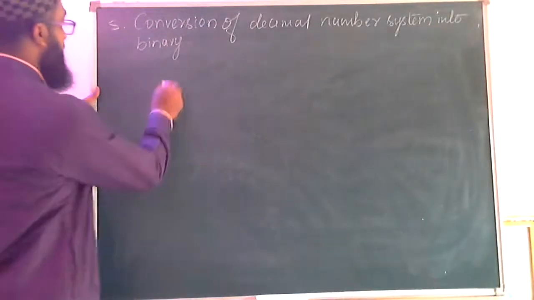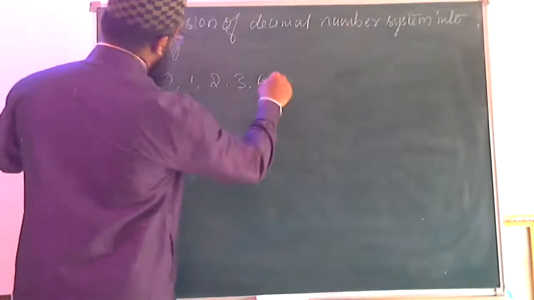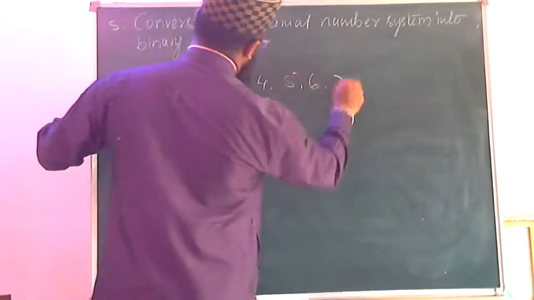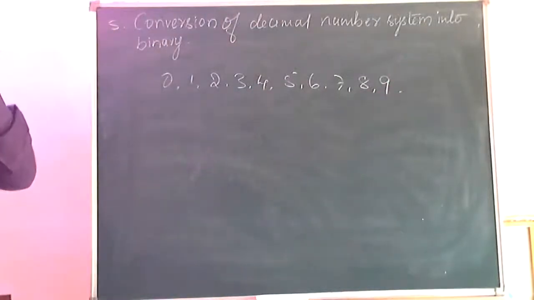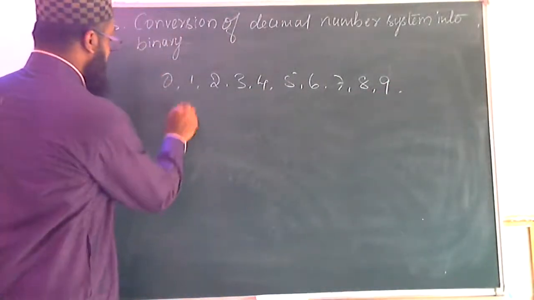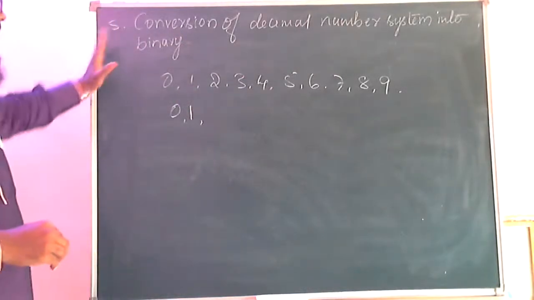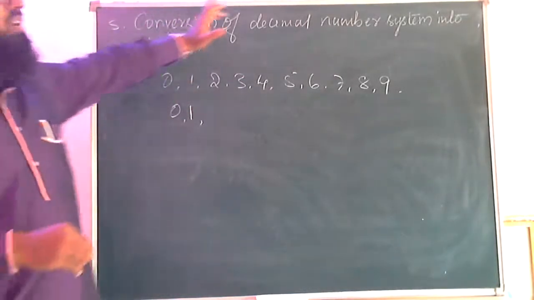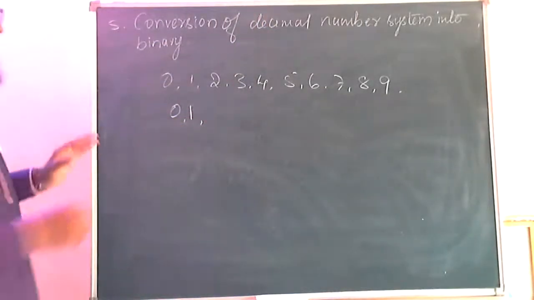You already know the decimal number system: 0, 1, 2, 3, 4, 5, 6, 7, 8, 9. This is called the decimal number system. Converting this decimal number system into binary, that is 0 and 1. Under this, the stack will be used for converting the decimal number system into the binary number system.